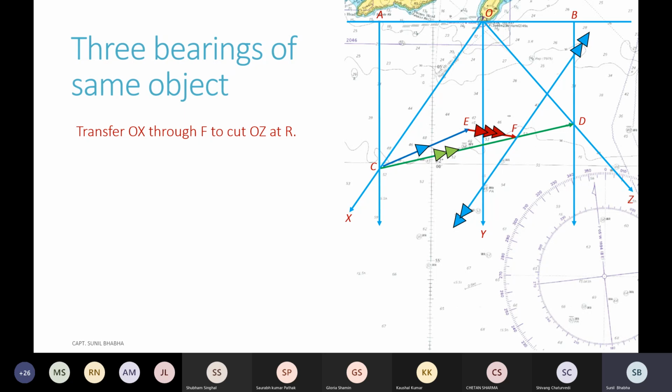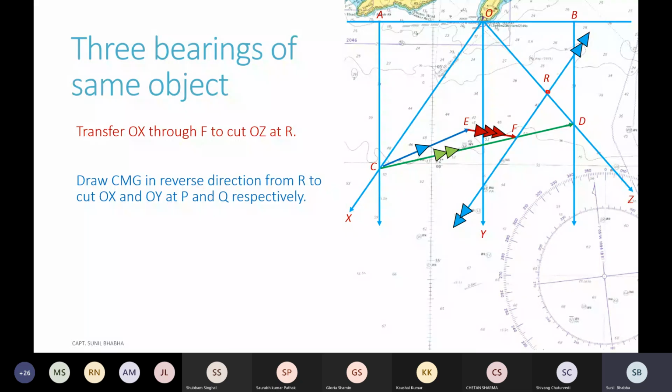Now this transferred position line cuts my third bearing, that is OZ, at a certain point. Let's call that point as R. You can see that point on the chart now. We have point R. Now from this point R, we draw our course made good in the reverse direction from R backwards.